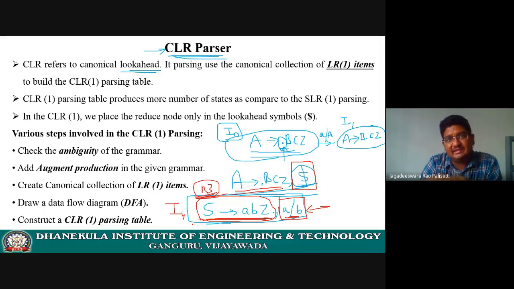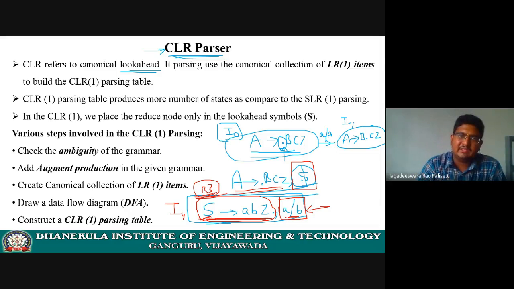What will SLR, the simple LR parsing technique, say? SLR will say compute the follow function for this capital S, and whatever terminals it gives, fill only those respective columns. That's what SLR, the simple LR parser, will say.